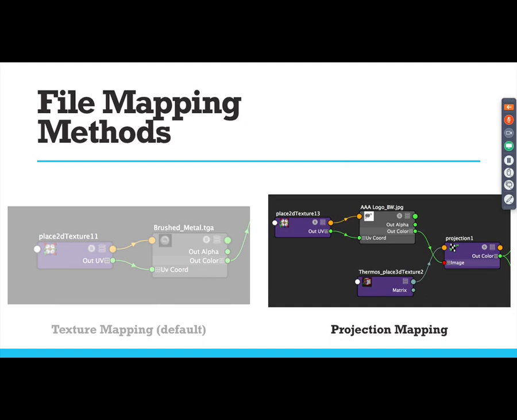File map. For pretty much everything you've done, we've been using texture maps. Right? Left click, create a file node, it creates a place 2D texture with UV information. Projection mapping allows us to take a 2D texture and position it in 3D space. Advantages are being able to move it around in X, Y, Z rather than just conforming to U and V space.